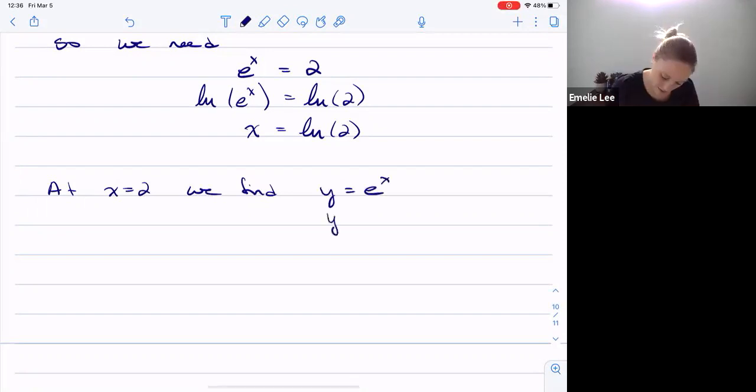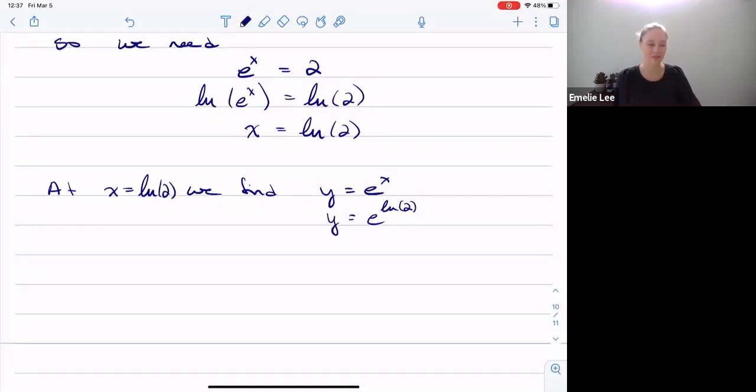Well, y equals e to the x is y equals e to the log of, sorry, log of 2 is x. That's what confused me. I think x is the log of 2, not just 2. Well, e to the log of 2 is just 2, so y equals 2.